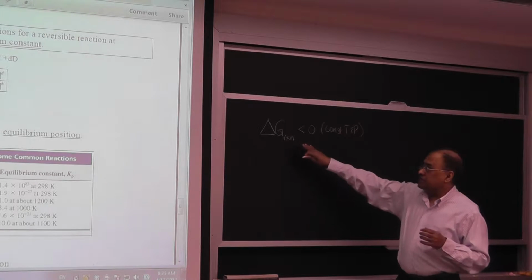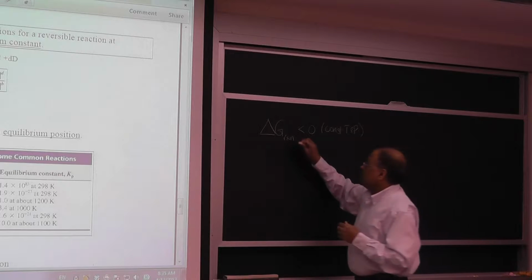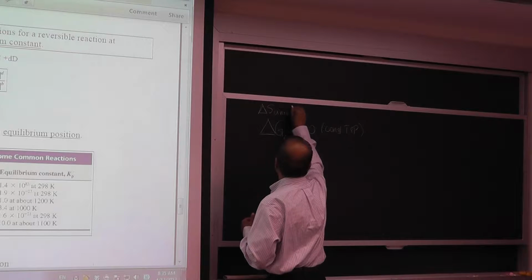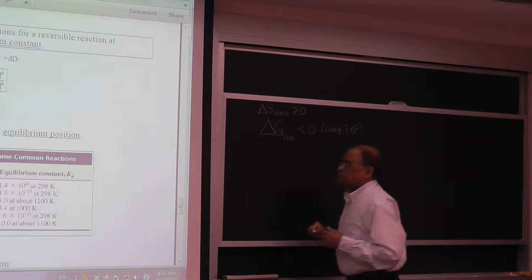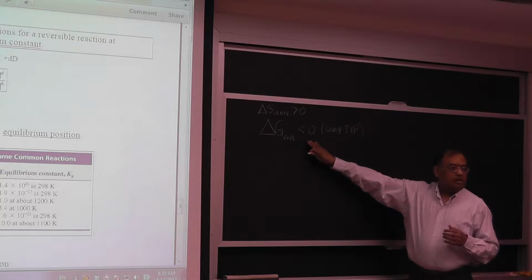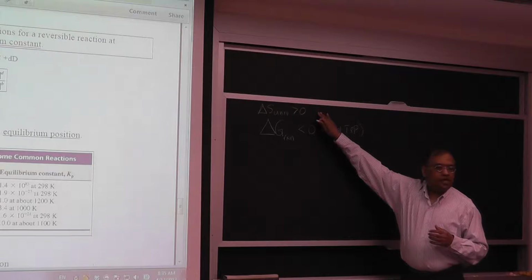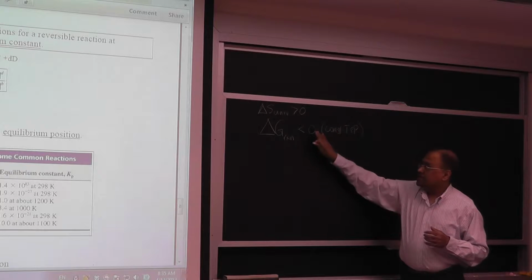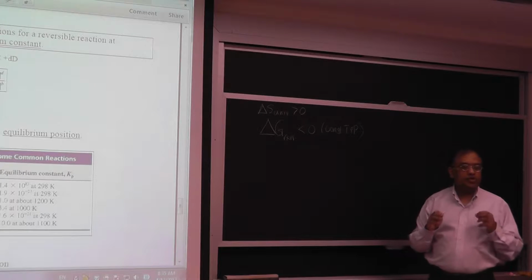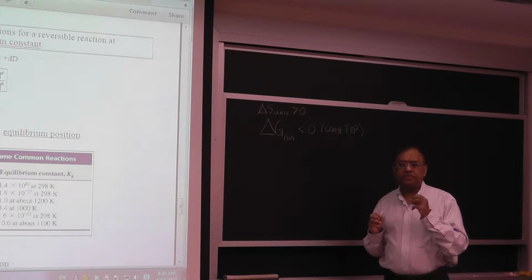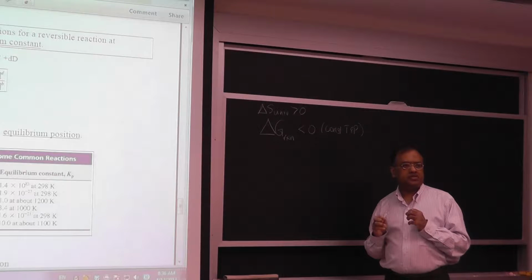So the second law of thermodynamics becomes delta G reaction is less than 0. The earlier equation applies to all conditions. This one applies only to reactions conducted under constant temperature, constant pressure conditions.